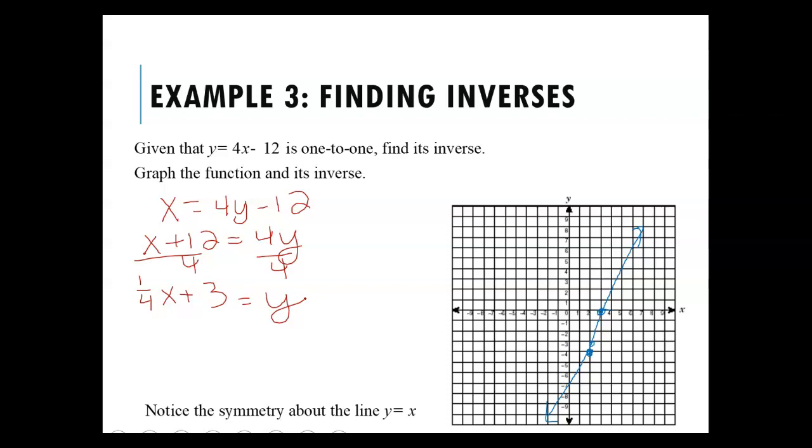And you get 1/4 x plus 3. So then you would plot your points. So you have 3, 0. Well, 0, 3 technically, sorry. And then you go up 1 and over 4.